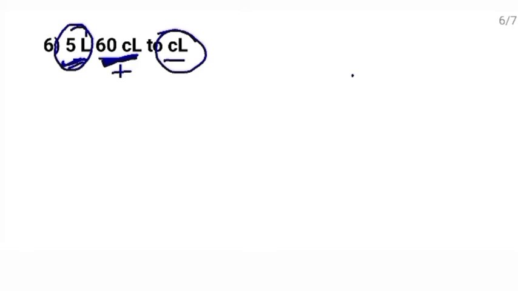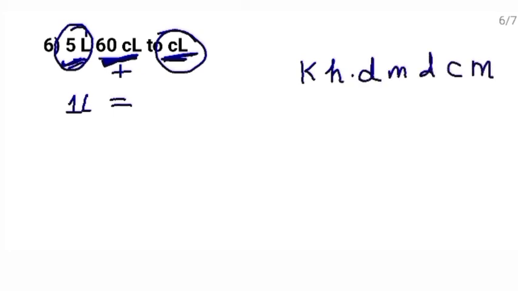So convert here. 5 liter is given, so firstly you need to find the value of 1 liter in terms of centiliter. We need to convert into centiliter. So call your friend. Basic unit which is common in both the units is liter. So replace this middle m by the liter.